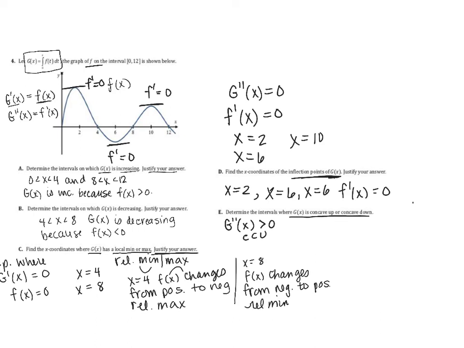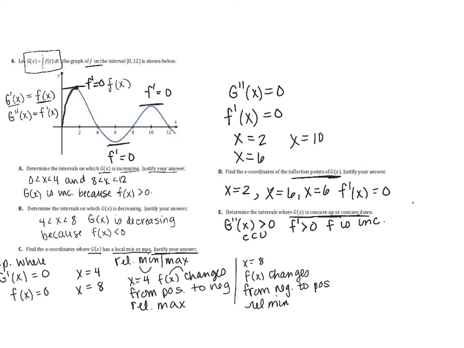Well, that translates in this problem to being f prime of x is positive, which then in turn, if f prime is positive, that means that's where f is increasing. That's going to give me concave up. So if you're given this situation and you're asked for concave up or concave down, you're basically looking to see where this function is increasing or decreasing.